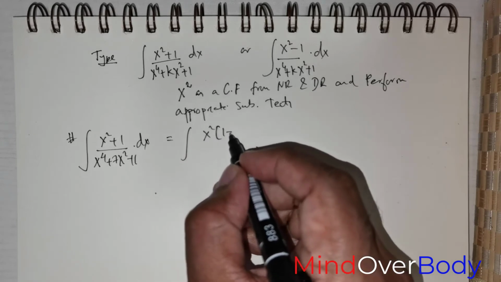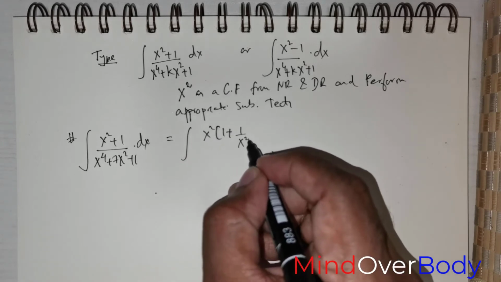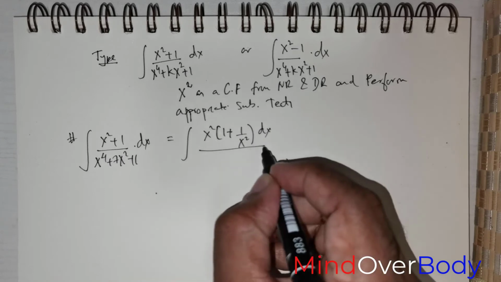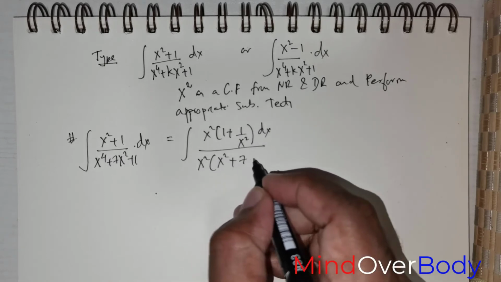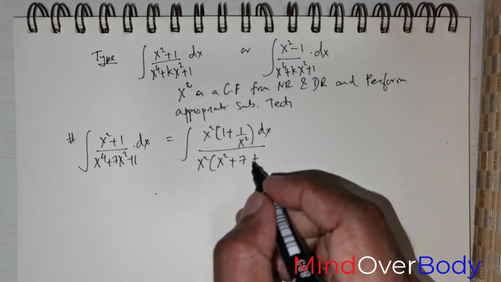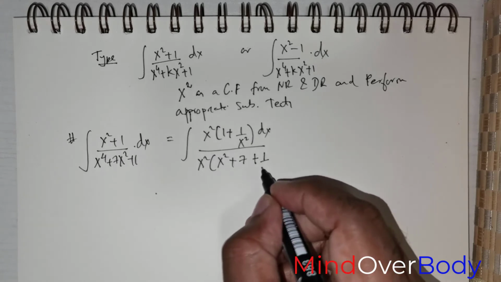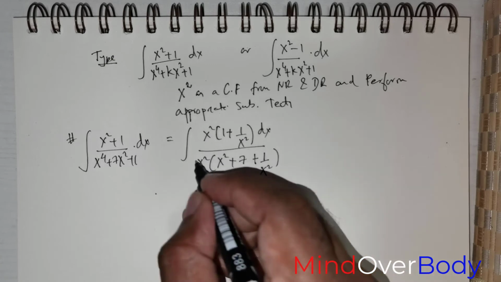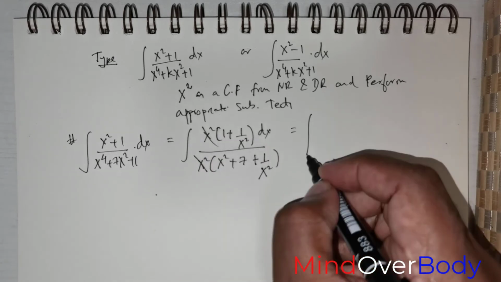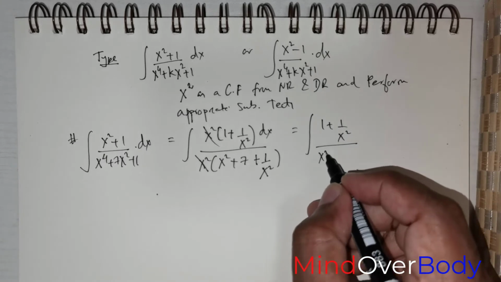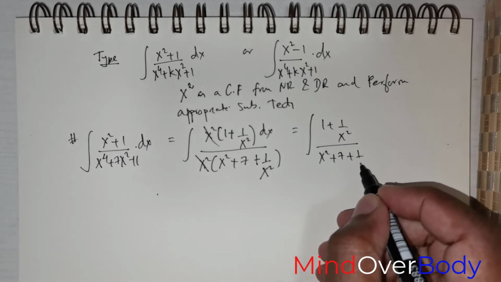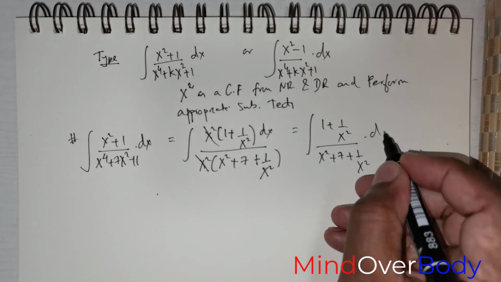So that would give me (1 + 1/x²) dx divided by x² taken out, so this is going to be x² times (x² + 7 + 1/x²). Now x² and x² can be cancelled. This is going to give me (1 + 1/x²)/(x² + 7 + 1/x²) dx.